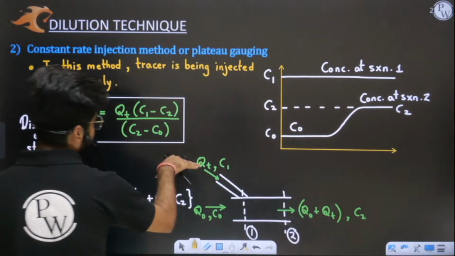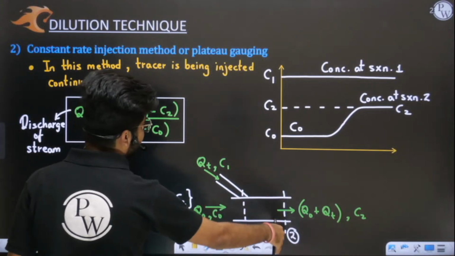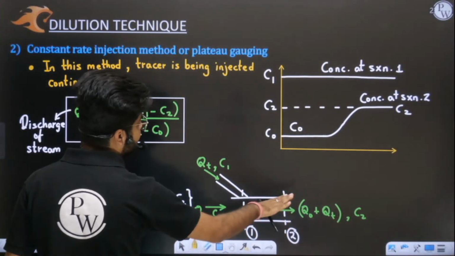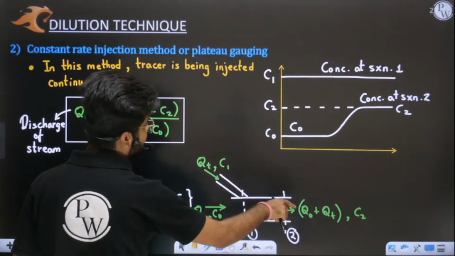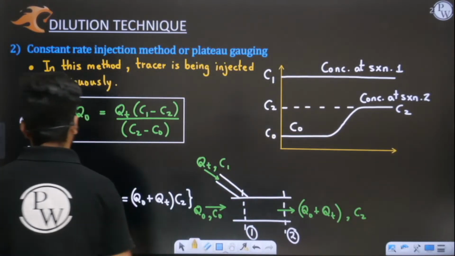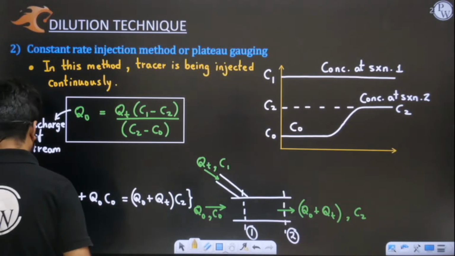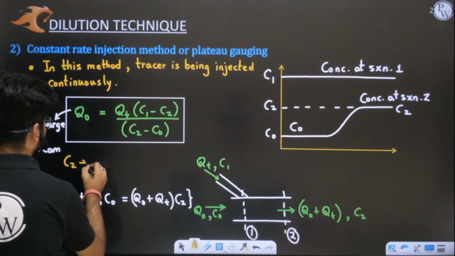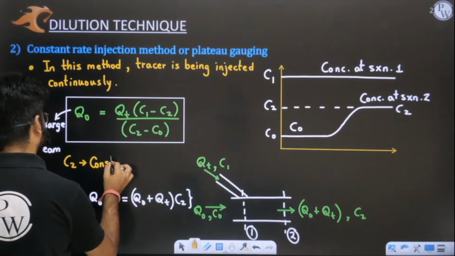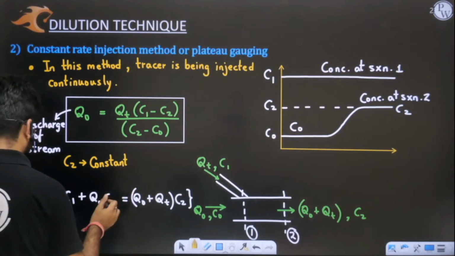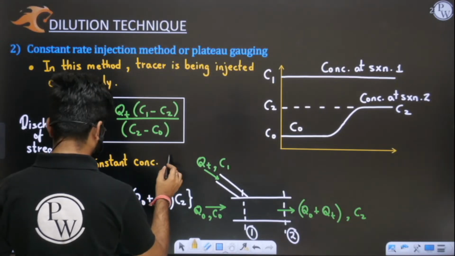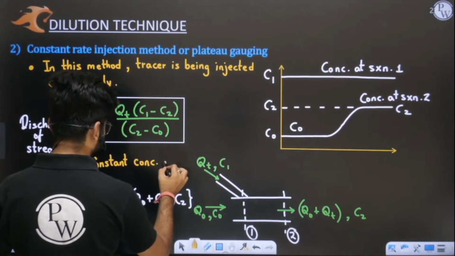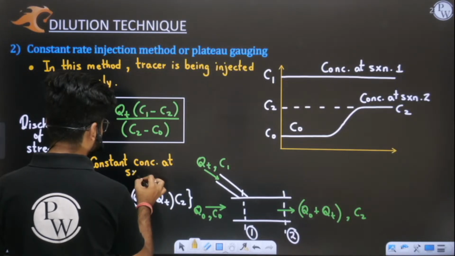When you continuously inject from section 1, at section 2 you will see that the concentration increases and then becomes constant.